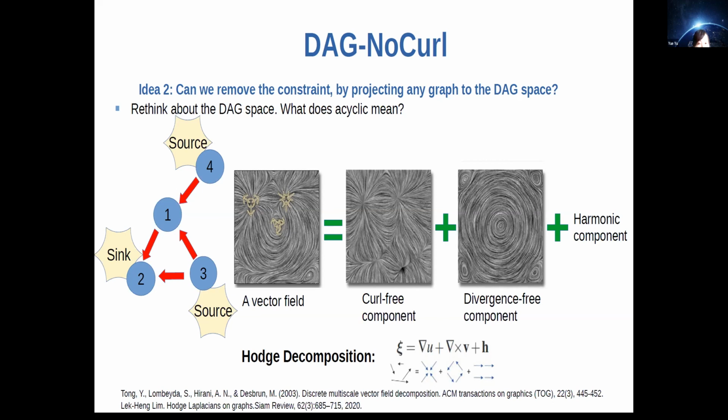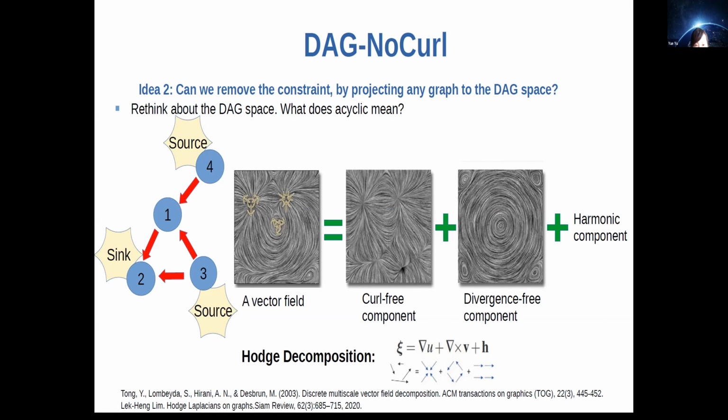In fluid mechanics, the fluid might come from a source and then flow into a sink. We can have an analog here. We can see node 3 and node 4 as the sources of information, and node 2 as the sink of information. It also reminds me of the Hodge decomposition.